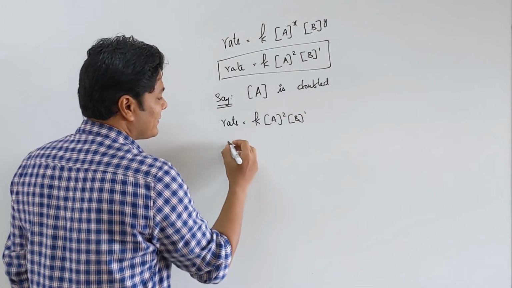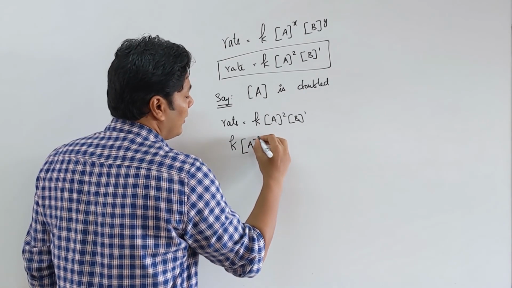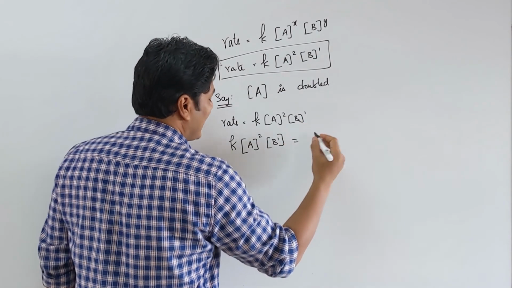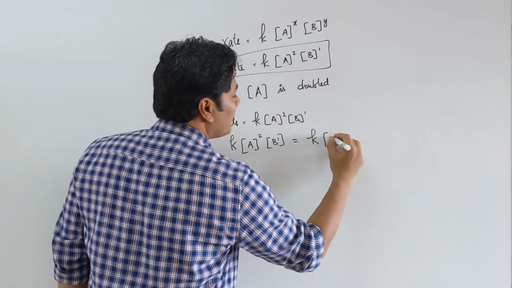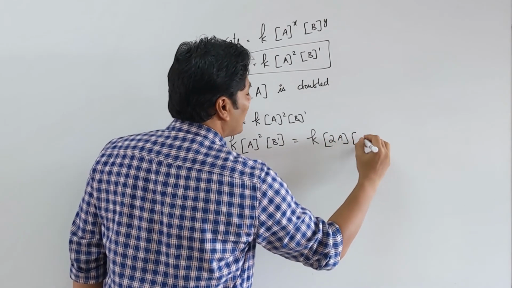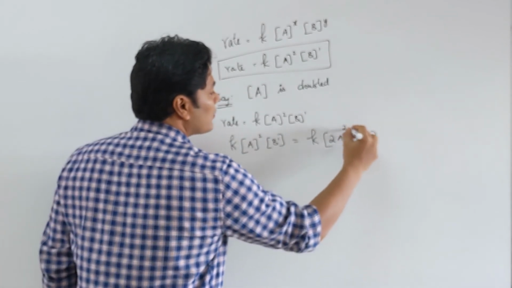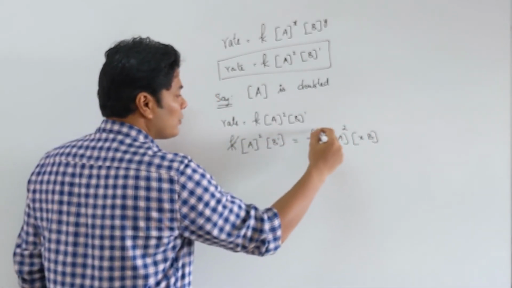So two different cases, k a to the power 2 b to the power 1 equals, the second case would be k, I have doubled my a, so it is going to be 2a. What will happen to b? So let's just say xb, 2 squared. Now the rate has not changed, so this equals this, so my k goes away.